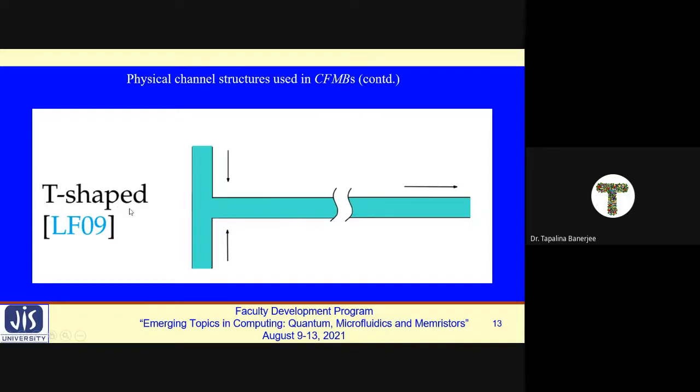T-shaped: a convection-based gradient generator based on a T-shaped channel was also used to investigate cell responses. Here, the direction of arrows can be identified easily: these are the input directions, these are the mixing channels, and here we are going to get the output, the output of a resultant mixed volume of fluid, resultant mixed fluids or diluted fluid.